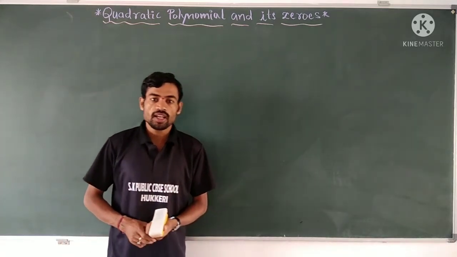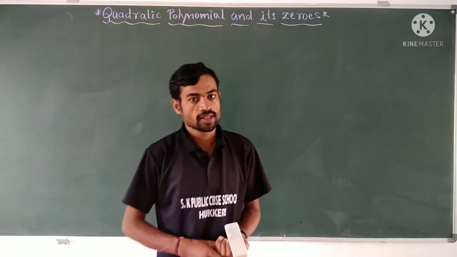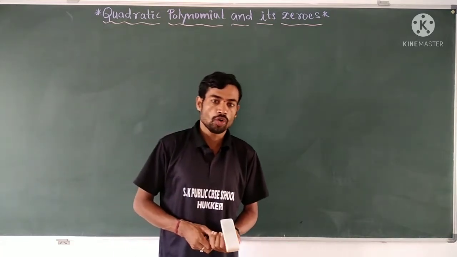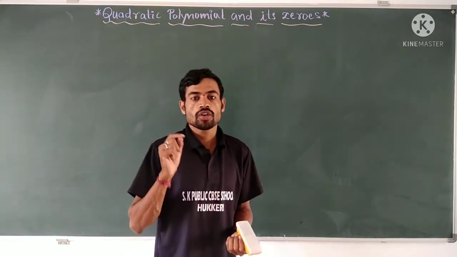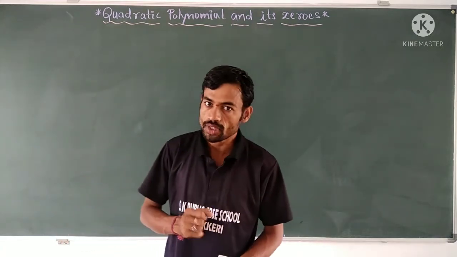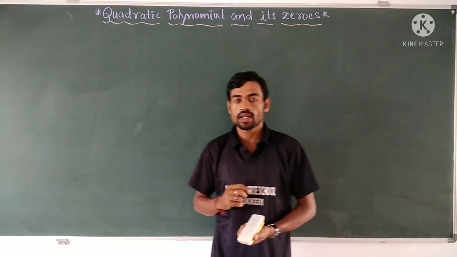That is, k equals minus the constant term divided by the coefficient of x. So that we discussed in the earlier class.